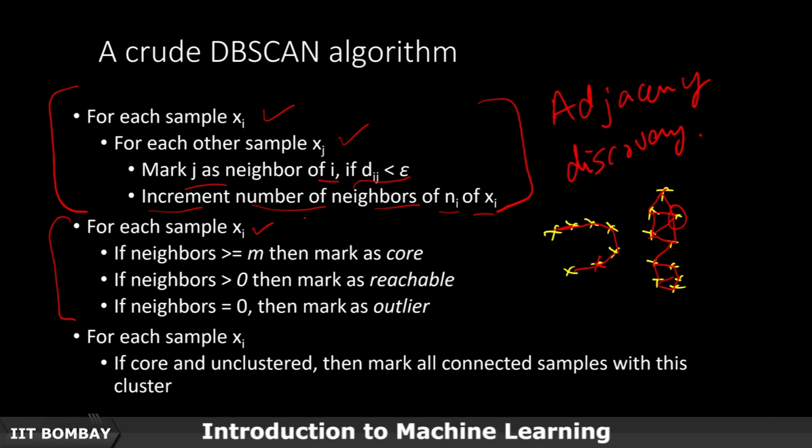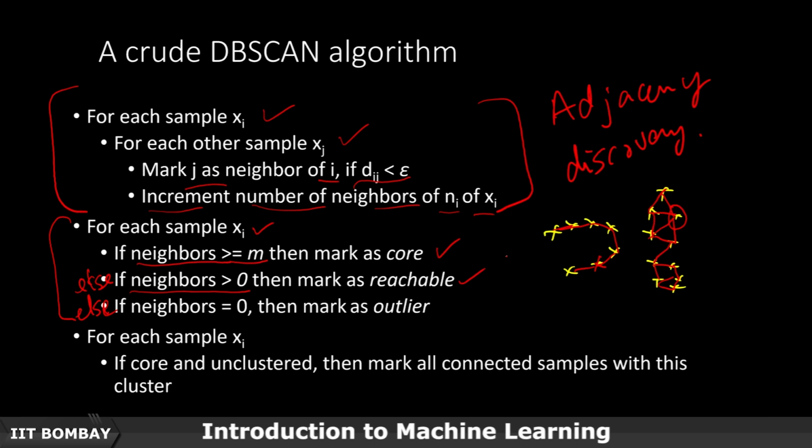So for each sample xi, if the number of neighbors is greater than or equal to m, that means the degree is greater than or equal to m, then mark it as a core point. Else if the number of neighbors is greater than 0, then mark it as reachable. Okay. So any non-core point that has degree greater than 0 is going to be a reachable point.